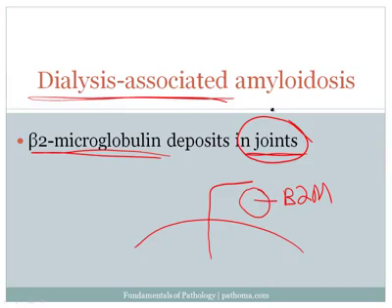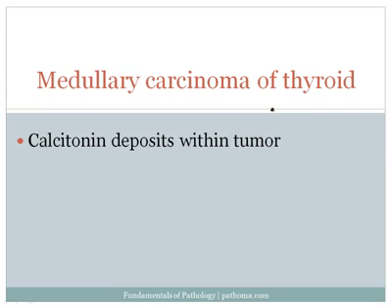And the final localized amyloidosis arises in medullary carcinoma of the thyroid. Recall that medullary carcinoma of the thyroid is a tumor of the thyroid derived from C cells.